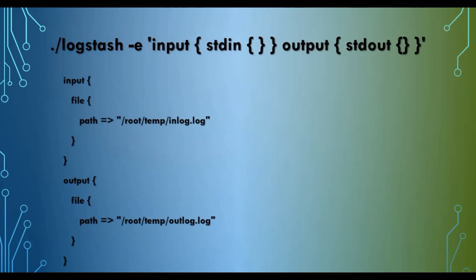The normal way we do it is to create a config file. Inside that we will create the stanza, where it says input, with which files it has to get as an input, and output. Here the output is also a file, so I'm going to save a file inside /root/temp, and the file name will be output.log, right? The input is like /root/temp/input.log. We'll see how to create that, and what the output from Logstash will be.